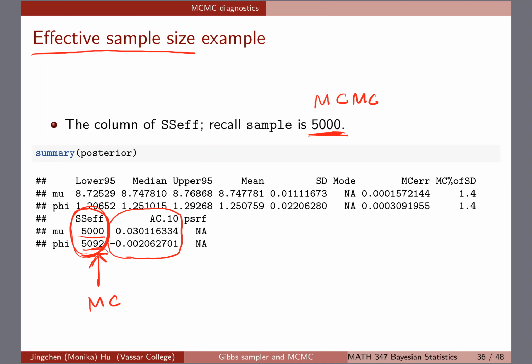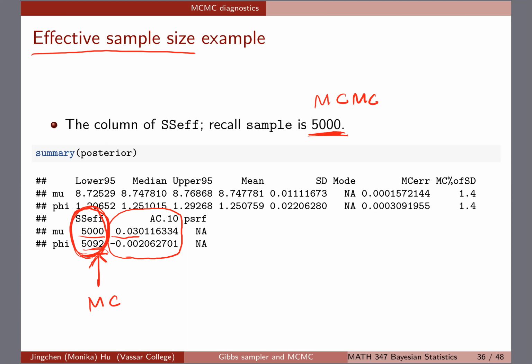The draws are relatively independent. Yeah, I guess super independent in this case, even though you can see that we have a slightly positive, non-zero autocorrelation at lag 10. But overall, effective sample size is an approximation. Together with the autocorrelation, it can give us a good sense of how independent those draws are.